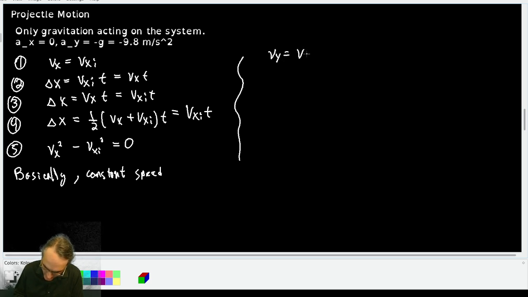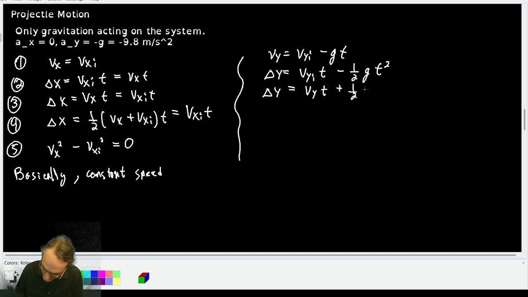Vy final will be Vy initial plus our ay times t, which in this case is minus gt. Delta y will be equal to Vy initial times time plus, minus, because we have a negative acceleration, 1/2 gt squared. Continuing on, the final times t plus 1/2 gt squared. Why plus?